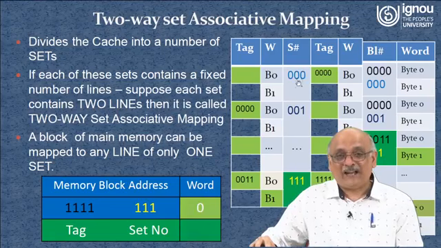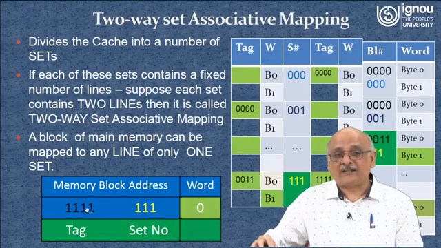Here, instead of the block number, we have the set number. In one set we have two ways, meaning one way and two way. So in any of these locations, this memory location can be mapped.